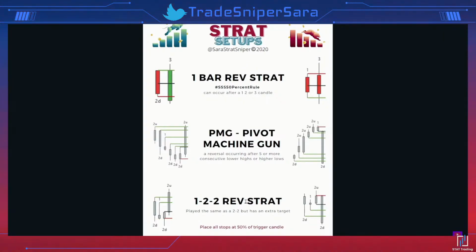This is called a rev strat. Well, technically, this is a 2-bar rev strat, which always starts with a 1, a 2 down, and then a 2 up. This is played the same as a 2-2 reversal, but with 1 extra target.